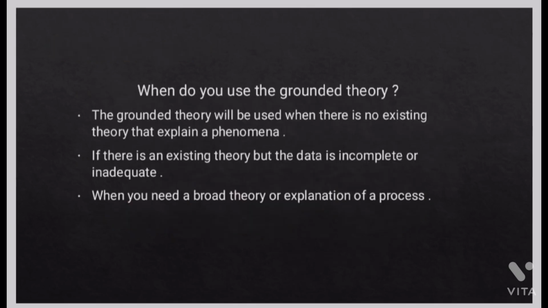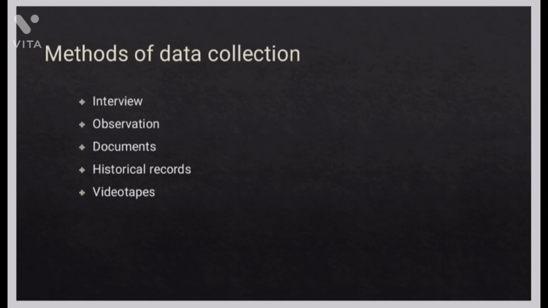Now, when do you use grounded theory? Grounded theory is used when there is no existing theory that explains a particular phenomenon, or if there is an existing theory but the data is incomplete, inadequate, or insufficient. Then grounded theory will be applied to enrich that data and give suitable justifications for that phenomenon. It is used when you need a broad explanation of a process.